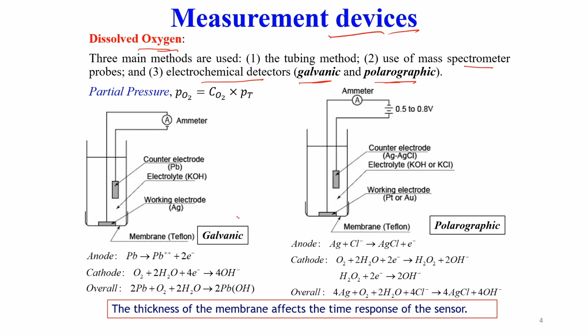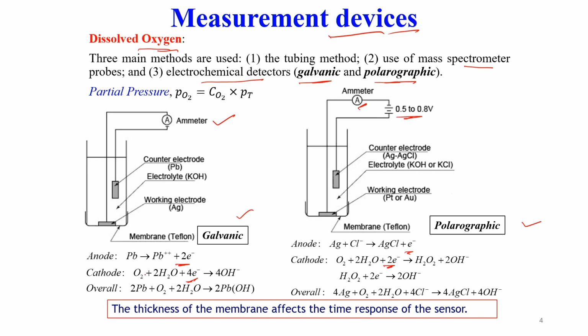You can see this is a galvanic and this is a polarographic. In galvanic we do not need to supply voltage and current is measured. In case of polarographic, a constant voltage is supplied and then finally current is measured. You can see in both cases the electron is generated at the anode, and at the cathode it is utilized.